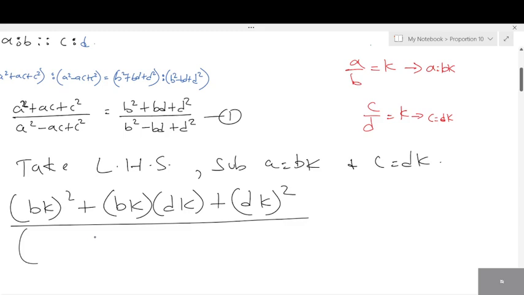Remember this point, you can take only two alphabets, A and C. If you try to take B and D, K will get divided. It is going to be tough to calculate. So BK the whole square minus BK into DK plus DK the whole square.